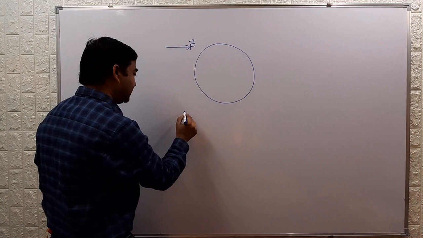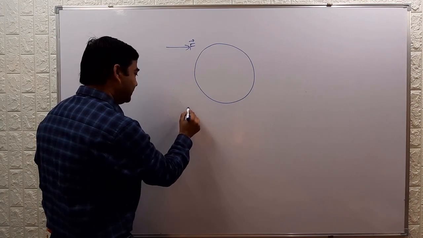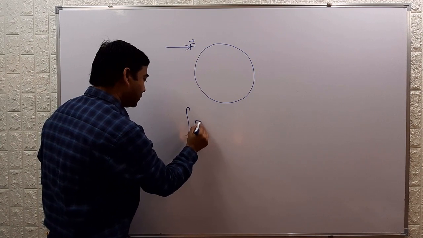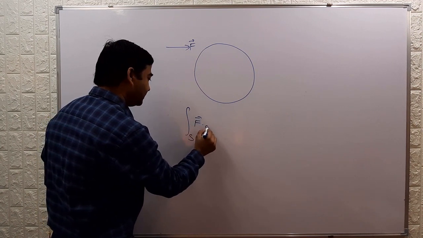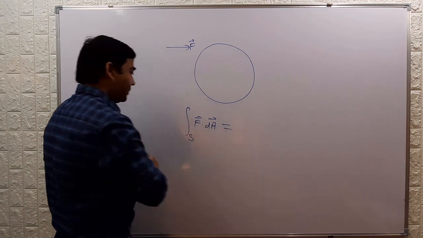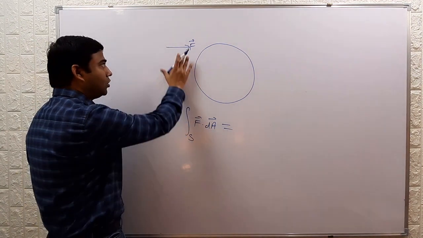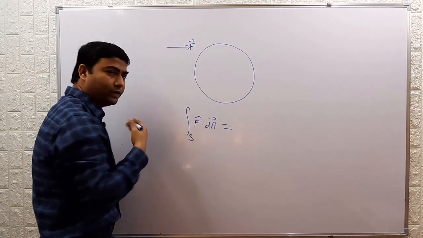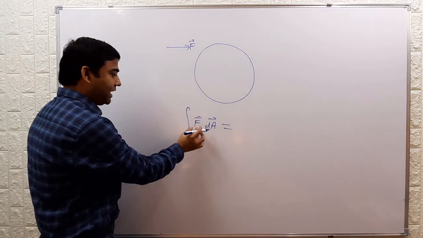What Gauss's theorem says is that the surface integral of this vector field along this closed surface, we have discussed the surface integral F dot dA.